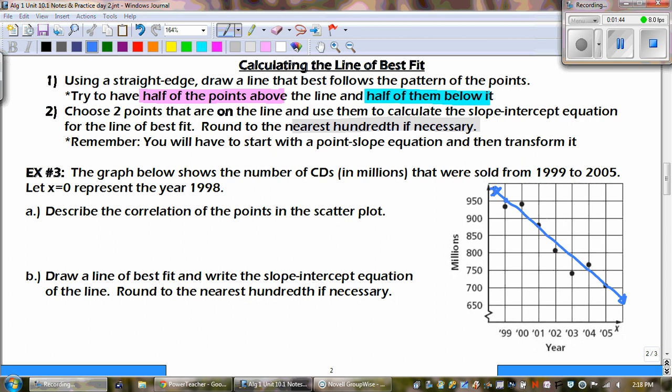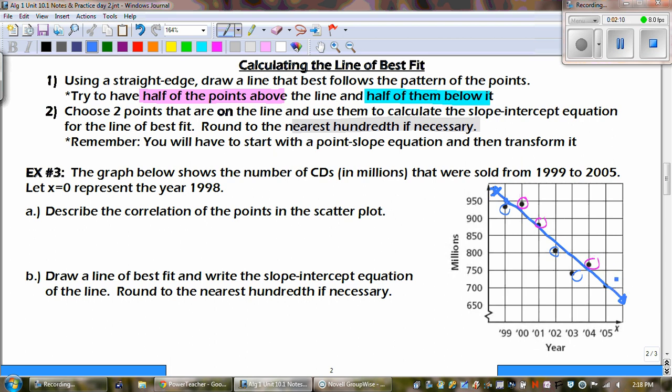Okay, well there's the line that I drew. Now all of our lines can look a little different, but overall they need to be the same. So the line that I drew, I had 1, 2, 3 points above, and 1, 2, 3 points below, and then it went through 2.